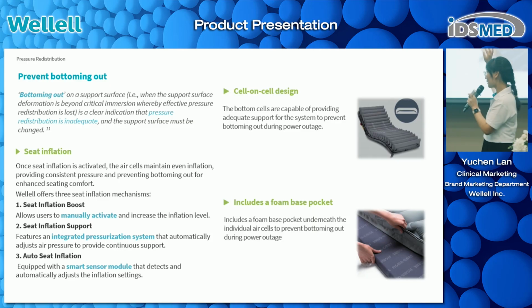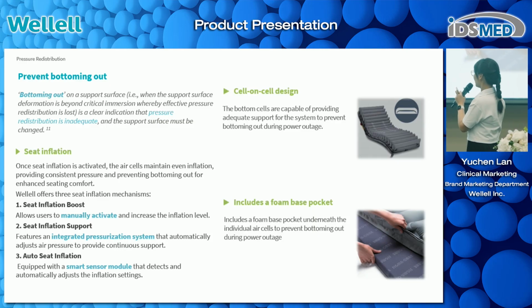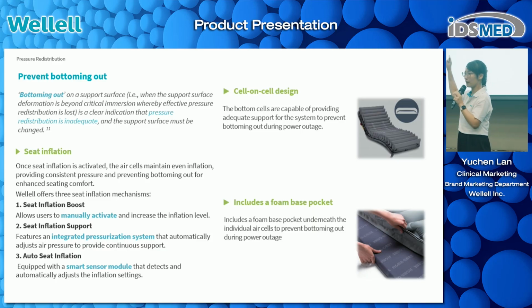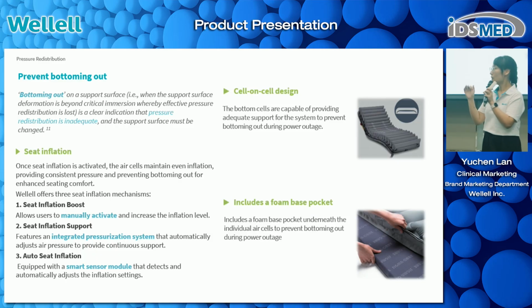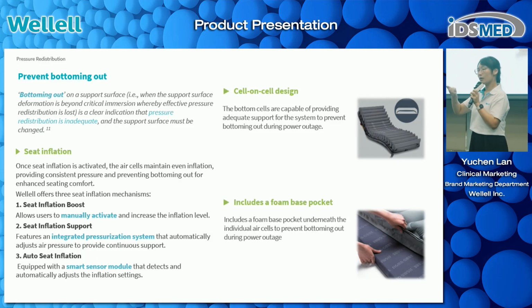Okay, so except for these two designs, there's also another design that many mattresses have. It's called seat inflation. What does it mean? We know that when we are lying and when we sit up, the pressure at our sacrum is different. So for seat inflation on the market, the product has this function. Generally, when the patient sits up, it adds a little bit more pressure to the whole mattress to prevent bottoming out during sitting.